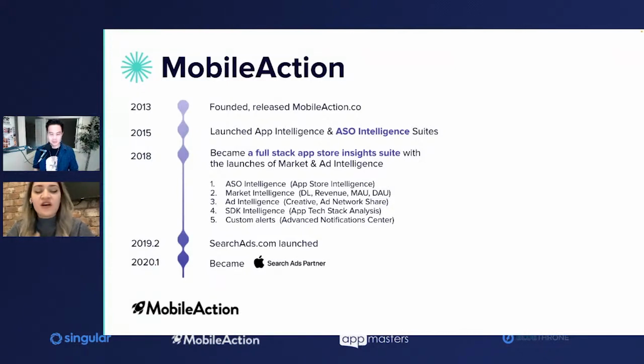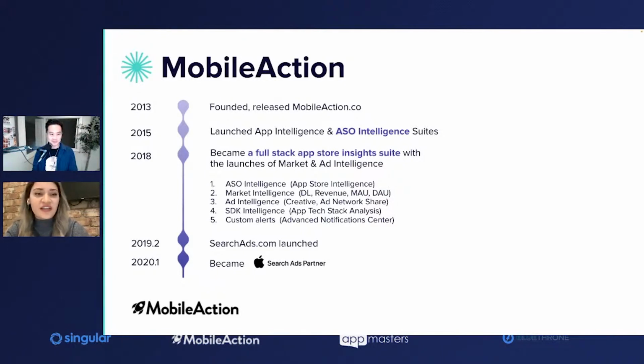So we became a full stack App Store Insight suite, and we drifted away from that agency thing. Then in 2019, we launched searchads.com, which is an Apple Search Ads campaign management platform. And a year later, we became an Apple Search Ads official partner.